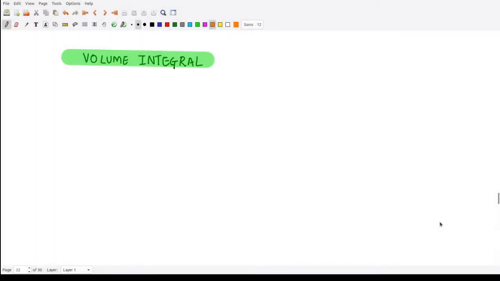So today we'll be studying about volume integrals. In vector calculus, this volume integral is very similar to the one which we study for non-vectors, for scalar functions, right?